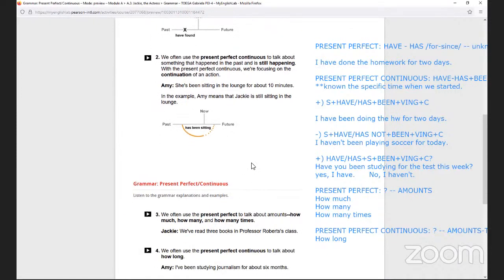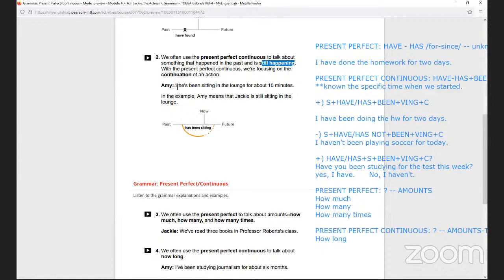What is the difference between present perfect continuous? So we're gonna use about actions that is still happening, right? So we're gonna be focused on the continuous way. So, for example, here in the past, the action could start here in the past, but maybe it's still in progress.